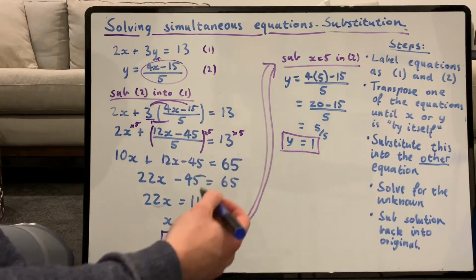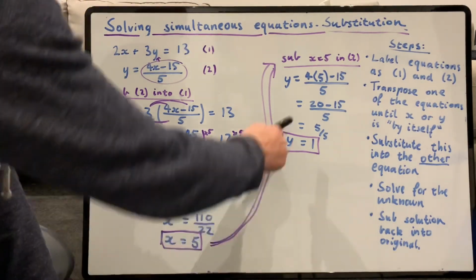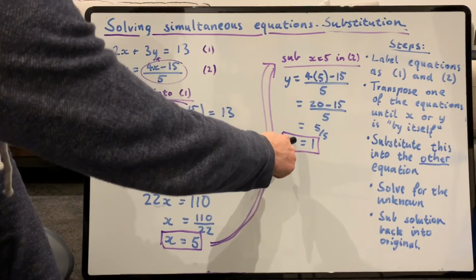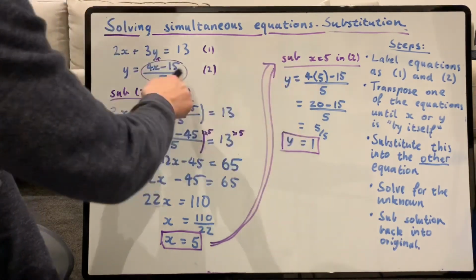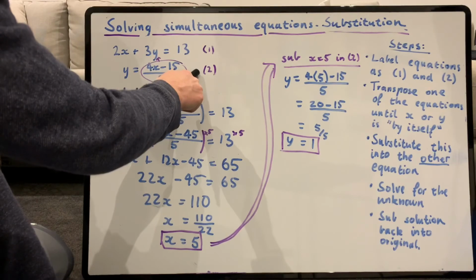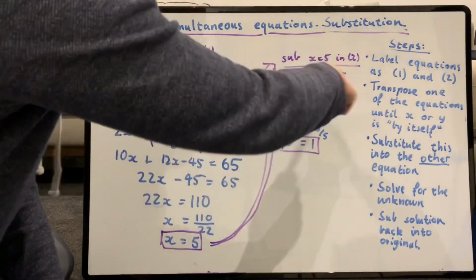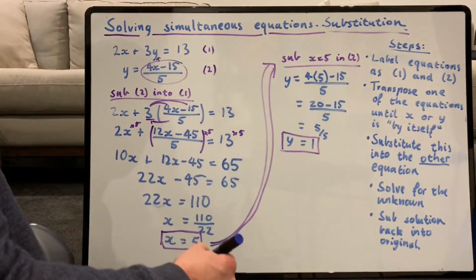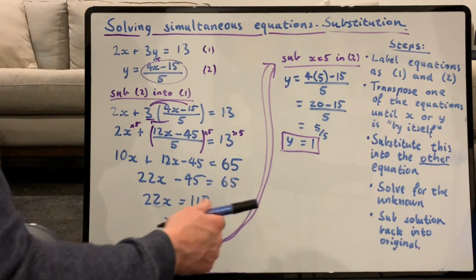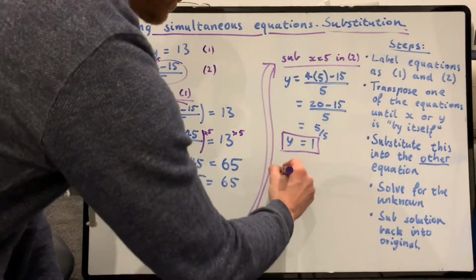We can do our check, of course. This one is already checking equation 2, right? Because, yeah, we just did it. We subbed in 5 and we got 1. So that's our check for there. It's the best we can do. But we can check equation 1 to see if it's good.